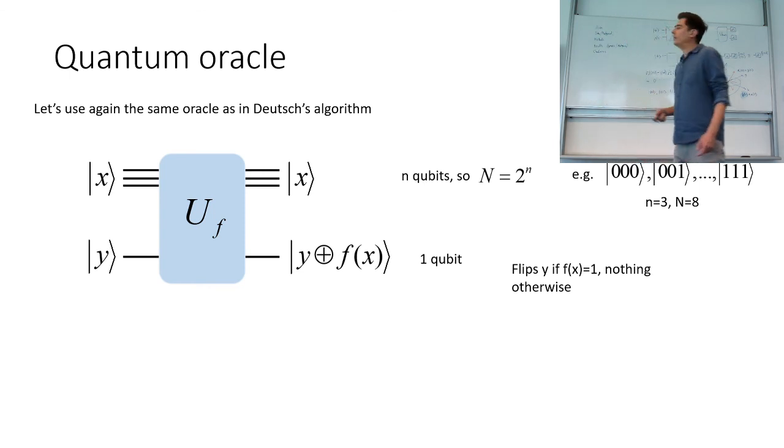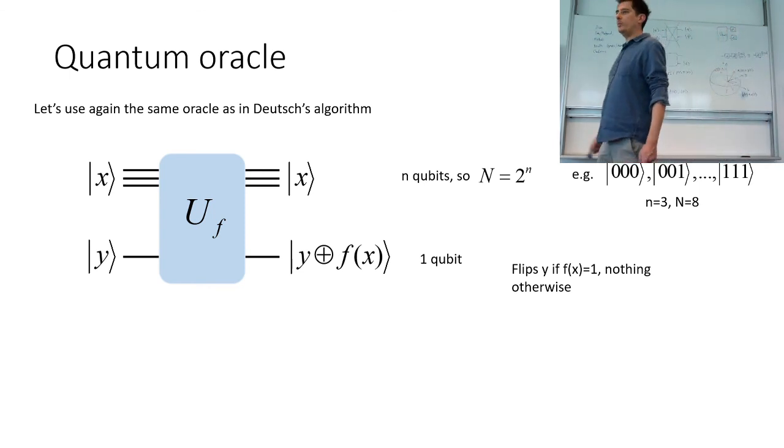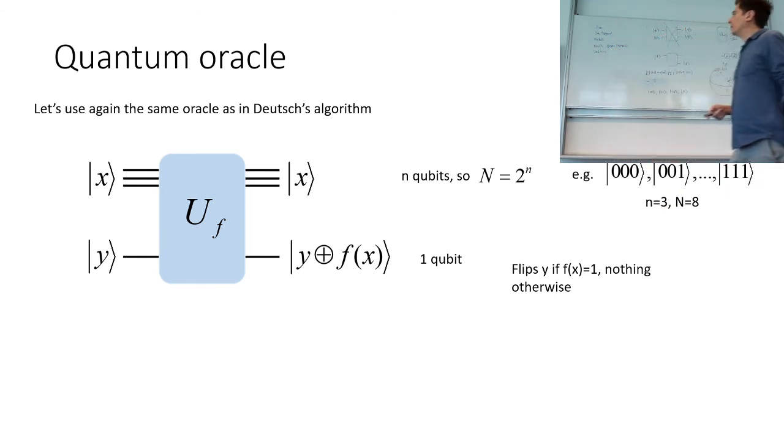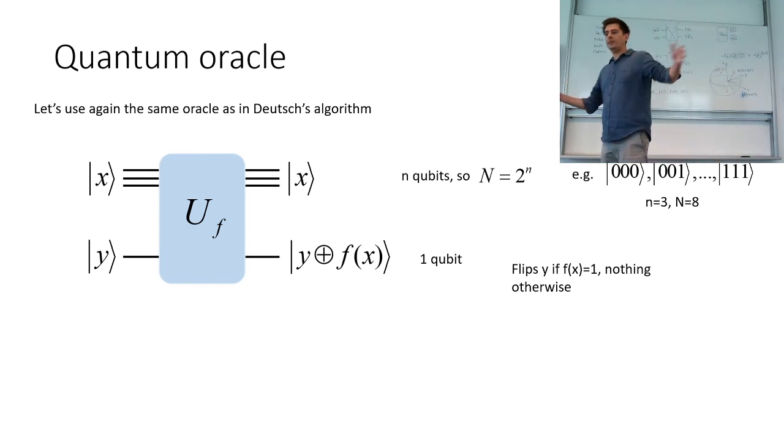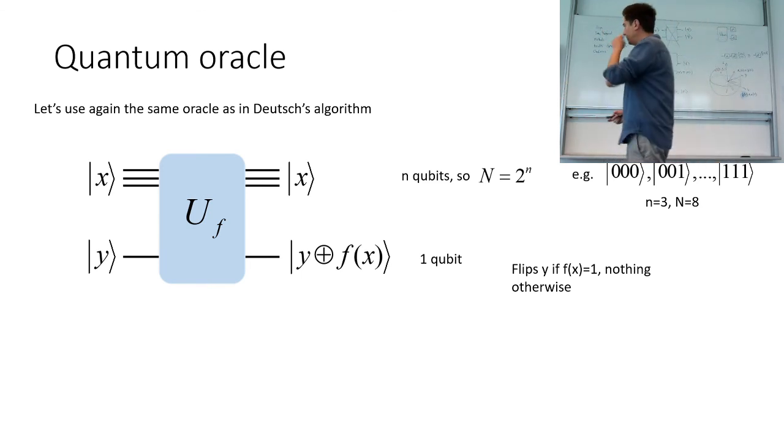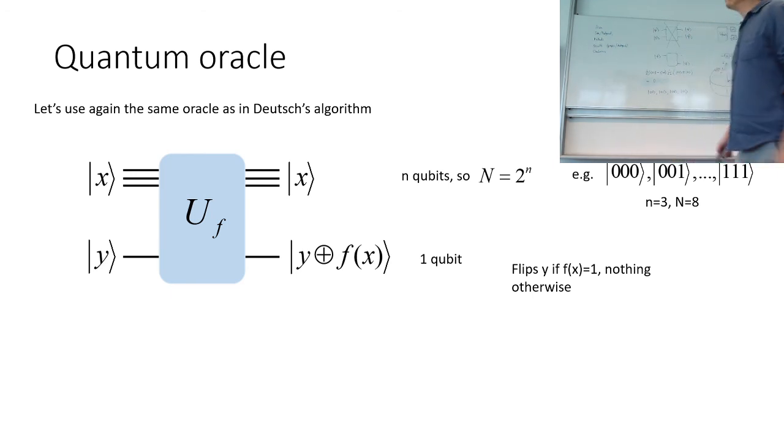We're going to need a few qubits to encode this. This is called a quantum register. For example, for 3 qubits, we can encode eight numbers. 0, 0, 0 to 1, 1, 1 will give 8 different states. If we need more states, then of course we just add more qubits. 3 is just the example.